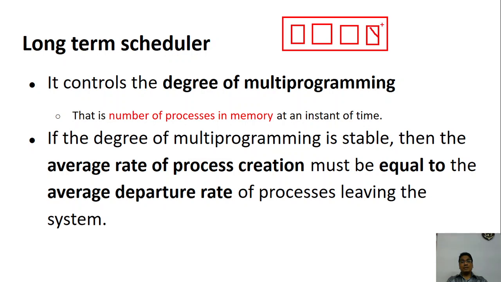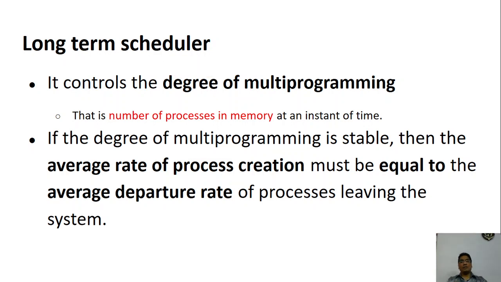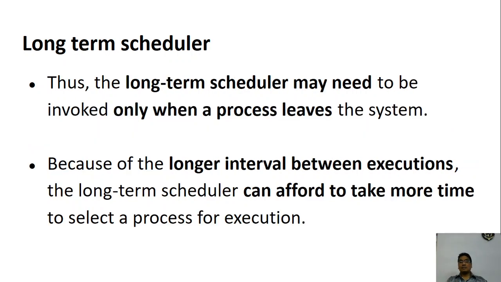When one of them terminates, in the sense when one of them completes its work, then it will start deciding which is the next one that has to come. So on an average, the rate of process creation is equal to the rate of departure. When one goes out, the other has to come into the picture. It will not simply keep on loading. If memory is full and no more space is allowed, then it will simply wait. When one of them terminates, it starts the other one.